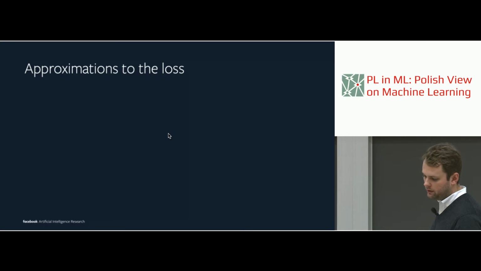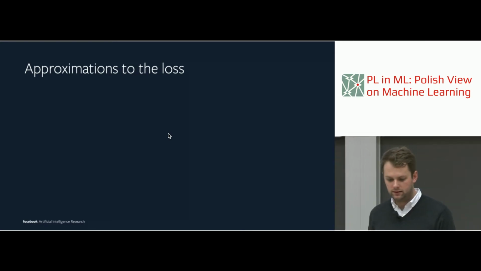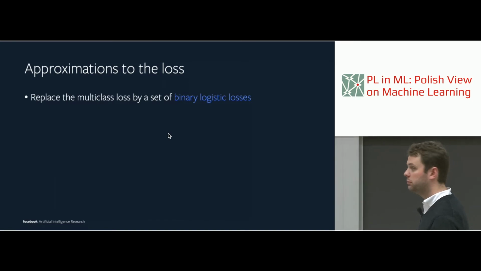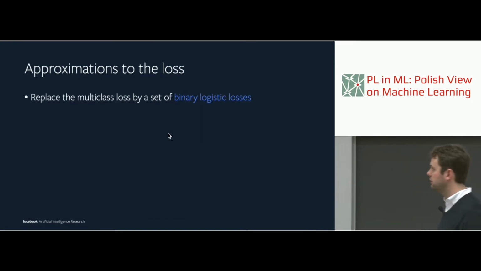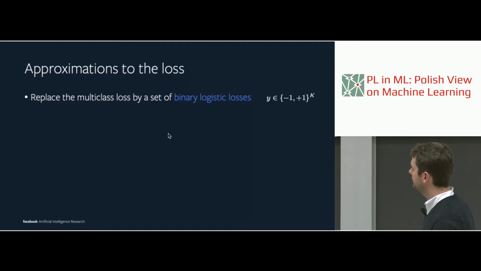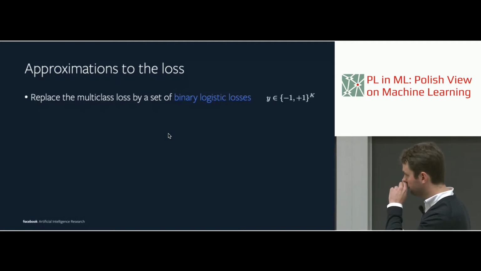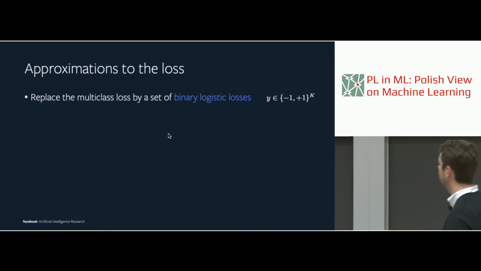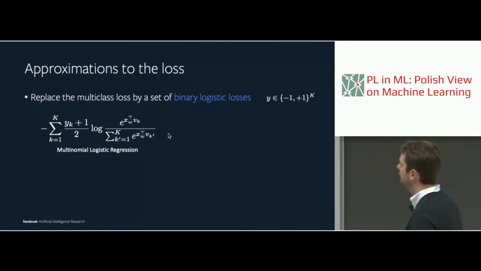The second important detail is approximations to the loss. So we replace the multi-class multinomial logistic loss by a set of binary logistic losses. So if you assume that your label is in -1, +1 to the power k, so it's -1 for all the words that it isn't, and +1 for the one you're interested in.